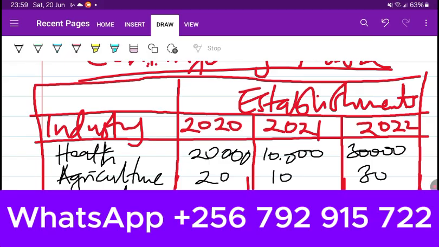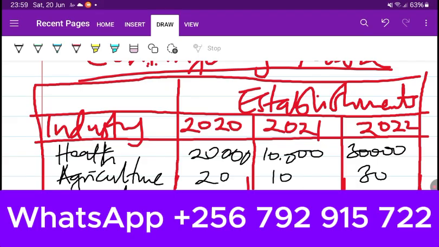Of course, it can help us to analyze figures more quickly. It is even easy to prepare. It reveals patterns which cannot be seen if the figures are left in a narrative form. So you can create a pattern. It also enables required figures to be located. So those are some of the advantages.